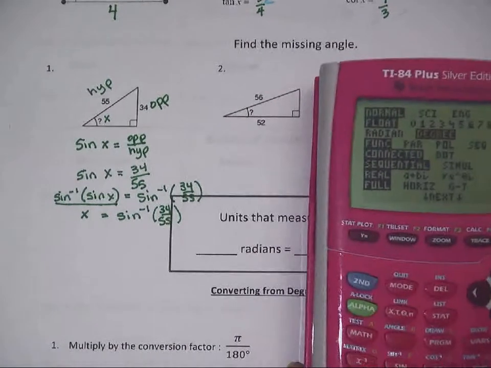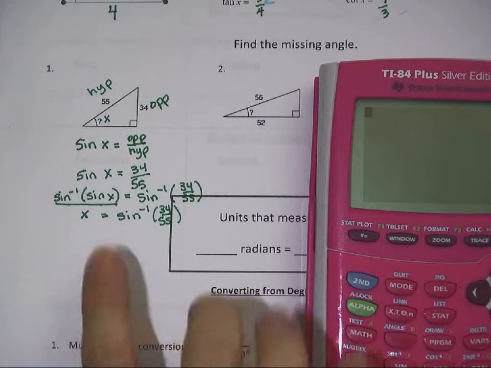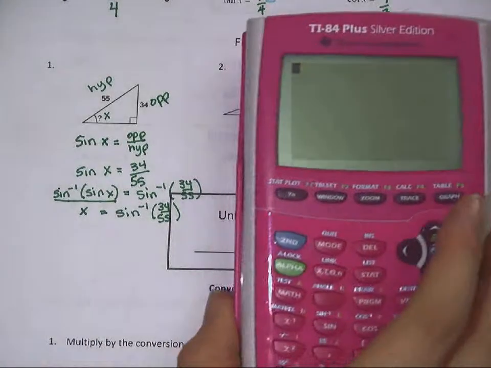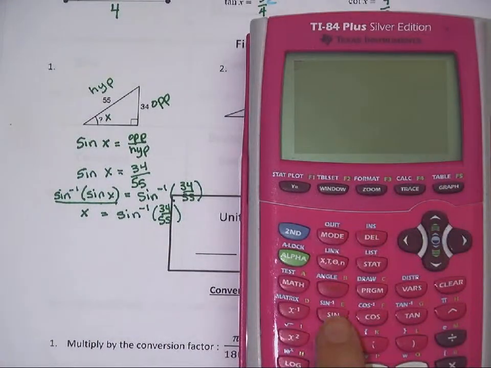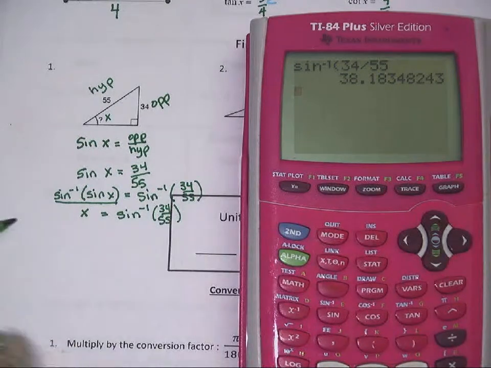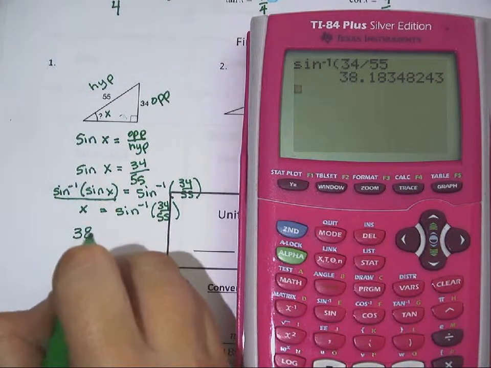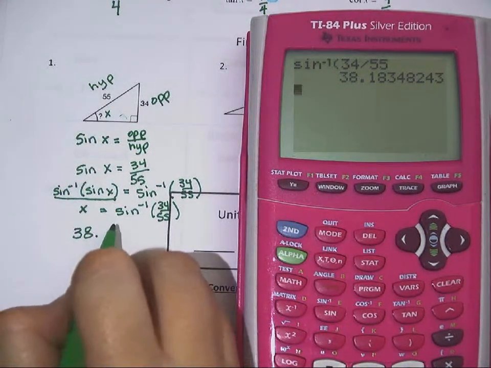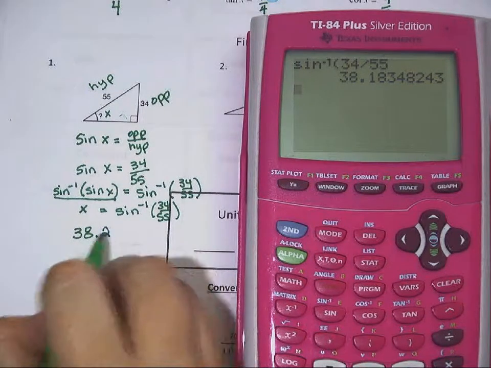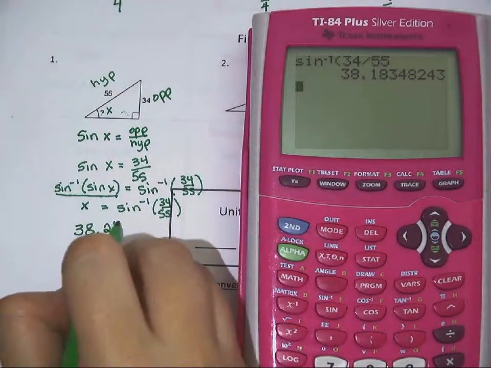So once I have it in degrees, I push my inverse sine button by doing second and sine, and then I type in 34 divided by 55. I don't even have to close the parentheses. When I hit enter, it tells me that x, that angle right there, is 38 degrees. We're going to put one decimal place on there, 38.2 degrees.